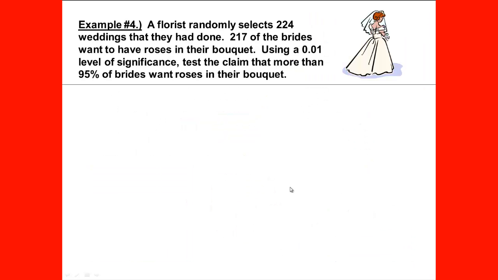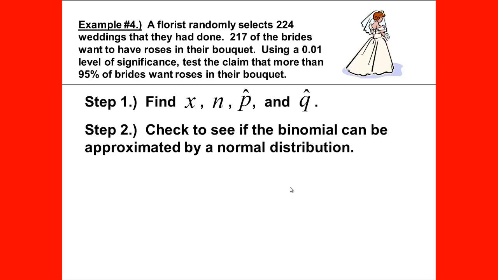Here's our problem again, and the first thing we want to do is talk about the steps we'll complete. Step 1 will be to find x, n, p hat, and q hat. Those are our vital statistics. Step 2 will be to check to see if the binomial can be approximated by a normal distribution.